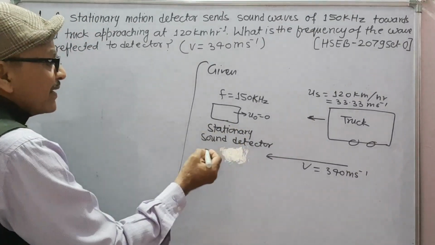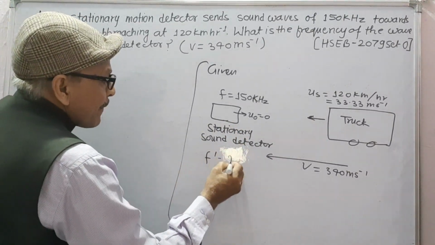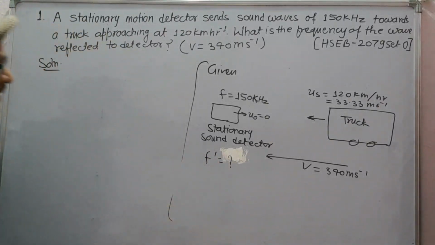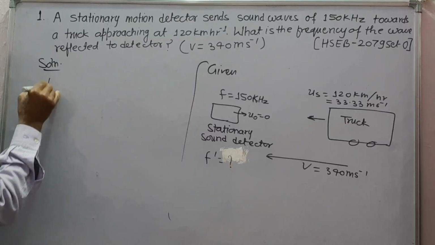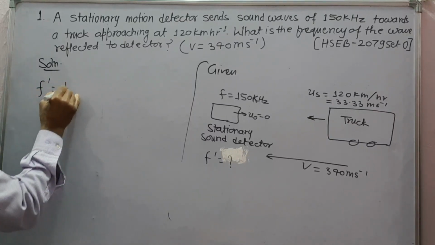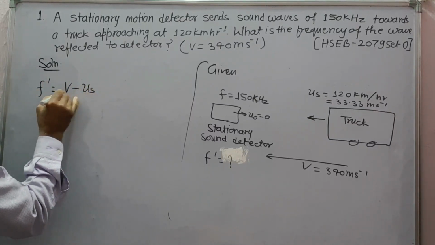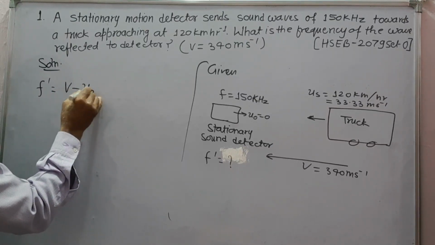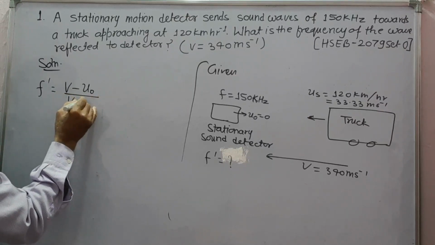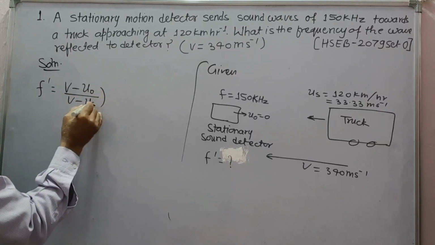Now we have to find the apparent frequency detected by the detector. f dash is equal to (v minus uo) upon (v minus us) into f.